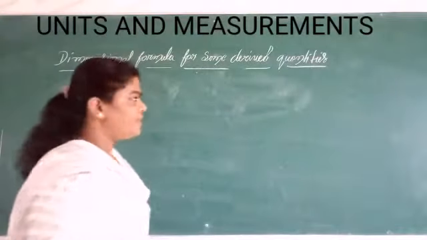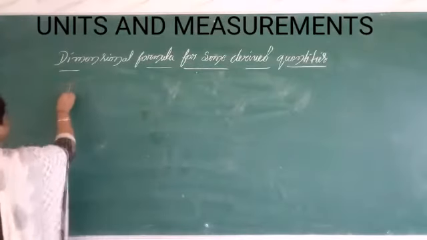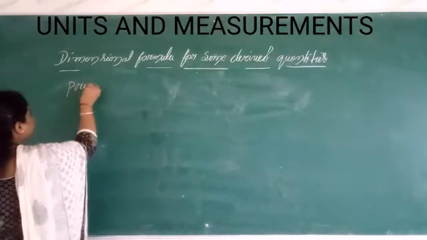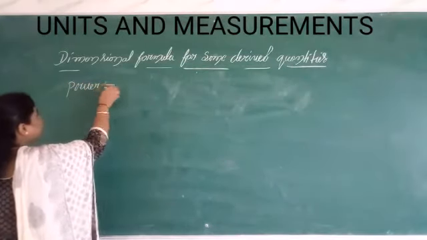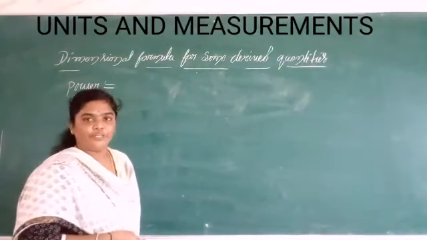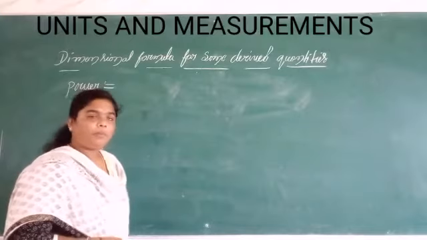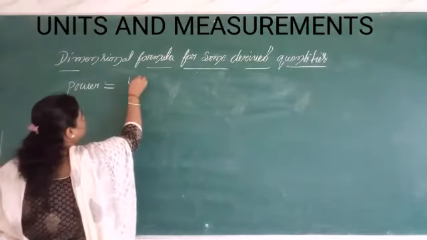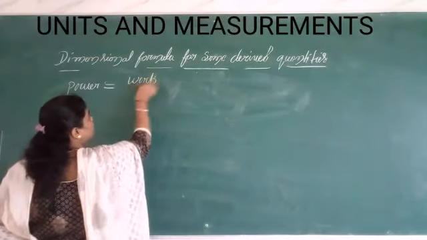So next, see the next physical quantity, that is power. Power is the rate of doing work. The rate of doing work is called the power: work divided by time.